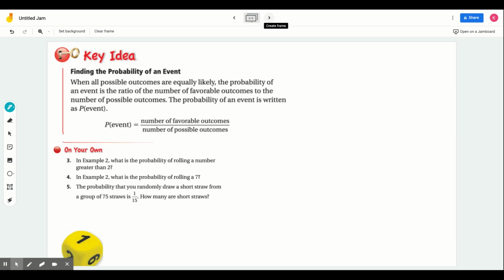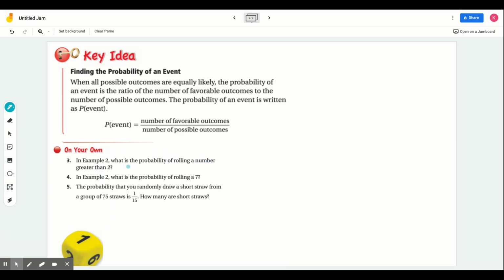So for instance, in number 3, it says, in example 2, what is the probability of rolling a number greater than 2? So we're looking at this die or this number cube here. On a die, the numbers are 1, 2, 3, 4, 5, and 6 sides.